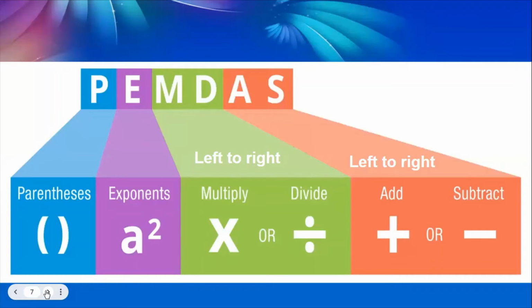But in this case, I just label them using the acronym PEMDAS, where P stands for parentheses, which should be done first. The E stands for the exponent, the second one. The M and the D are in the same category, which is the multiplication and division from left to right, and the AS, which is the addition and the subtraction from left to right.